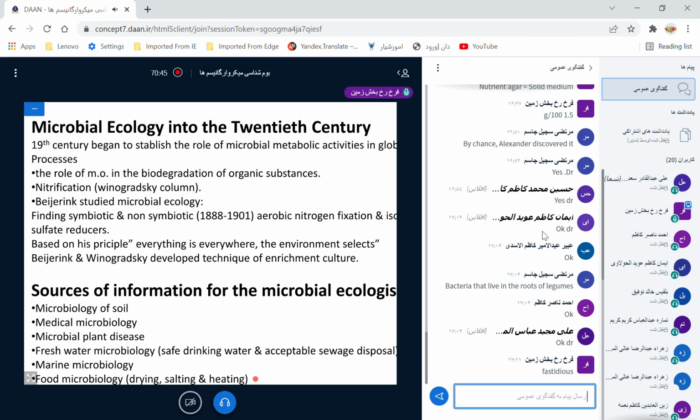We should know during the agriculture, during harvesting, after harvesting, during delivery, which microbes have problems for food. So it is microbial ecology.